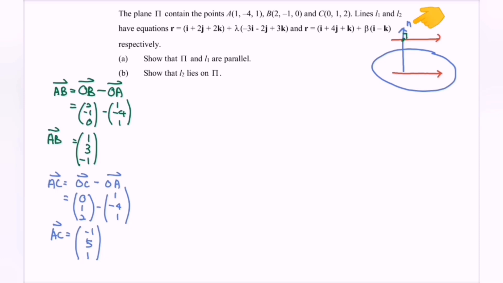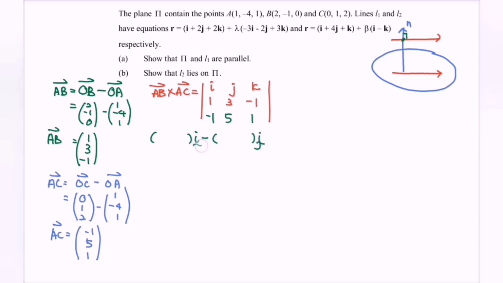So in order to find the normal, what we have to do is to cross vector AB with vector AC. Kindly substitute 1, 3, negative 1 for the vector AB, and for the vector AC, negative 1, 5, and 1. So here we have i, j, plus k. Kindly close up the i, where we have 3 minus, in here, negative 5, so it means plus 5.